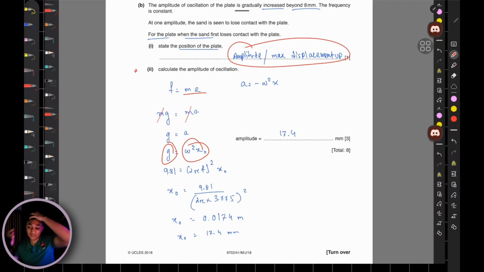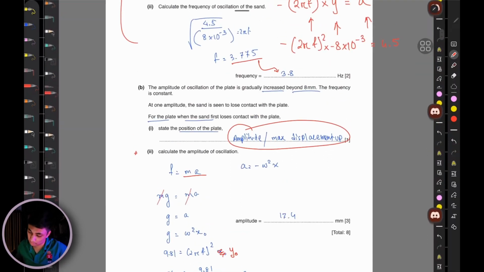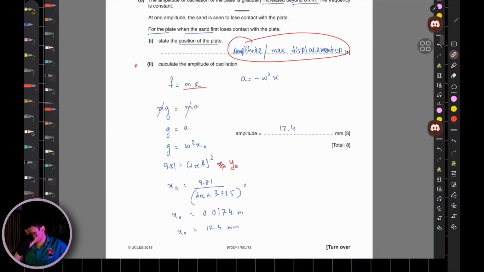Why do you know that? Because frequency is constant. So you know for acceleration to be 9.81, this is your omega squared value, and you're going to find out at what amplitude it's going to take place. Now, x naught is supposed to be y naught actually. They're representing amplitude, or displacement, as y. So write y naught and now make y naught the subject.